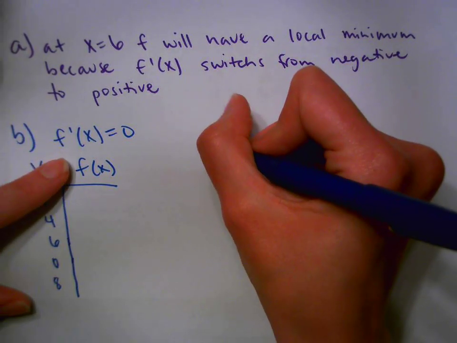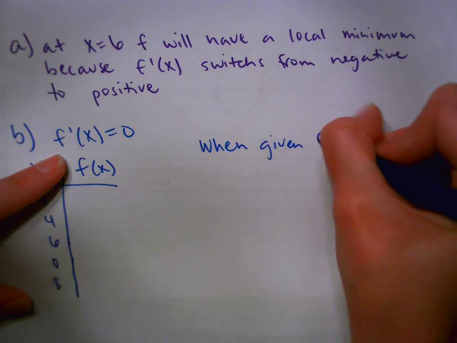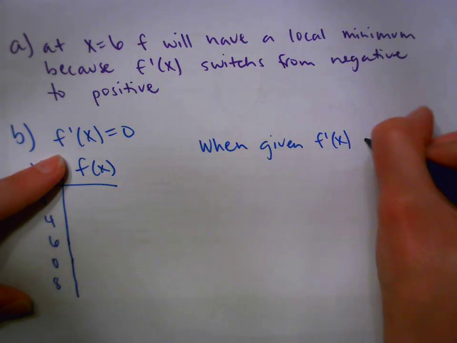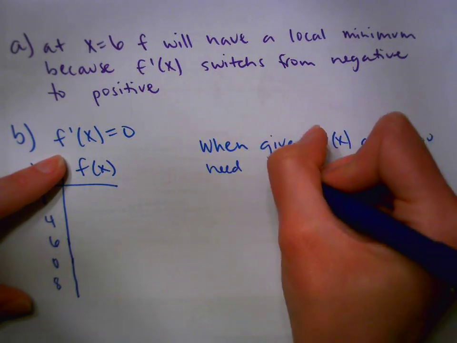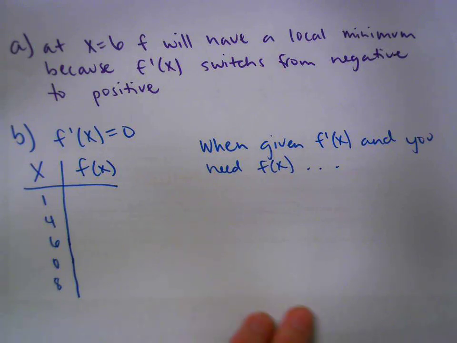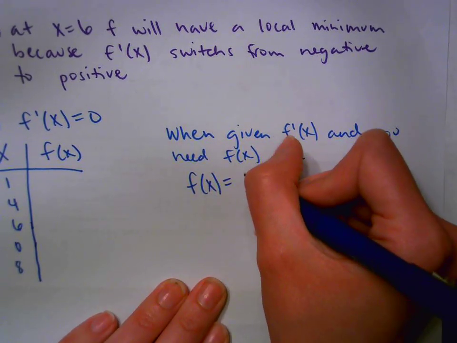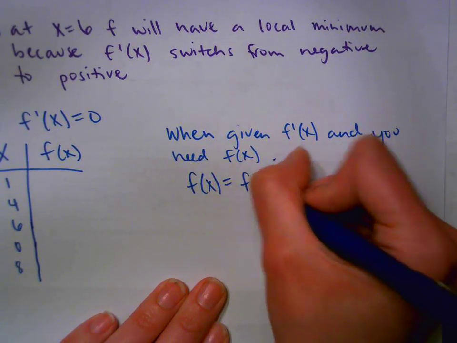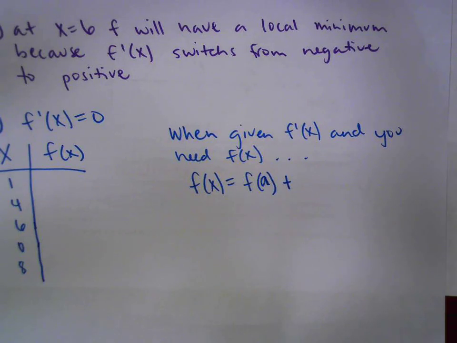So, when given f prime of x and you need f of x, you're going to use this setup. F of x equals the initial condition, which is f of a, plus, and now how do you go backwards? We know this.